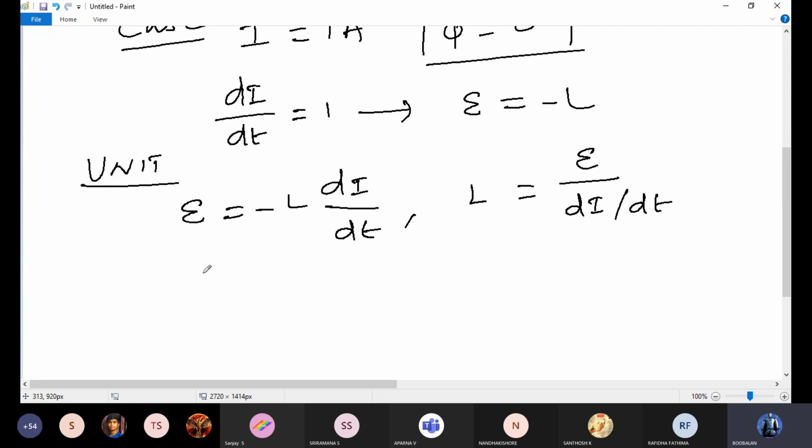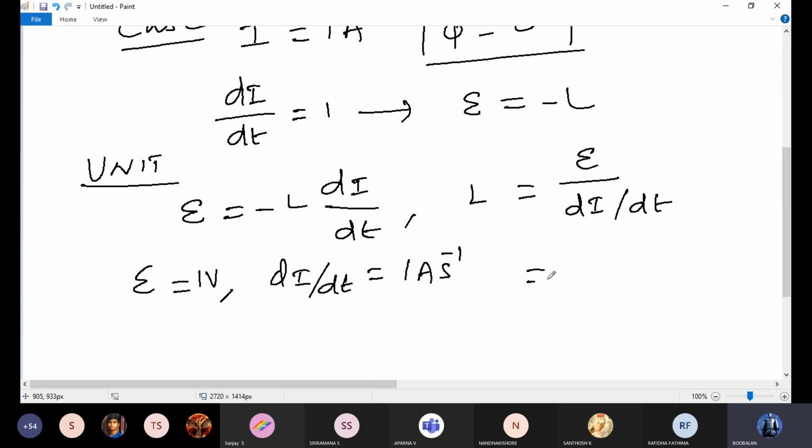So now I am applying the values. That E value is 1 volt, and di by dt is also 1 ampere per second.